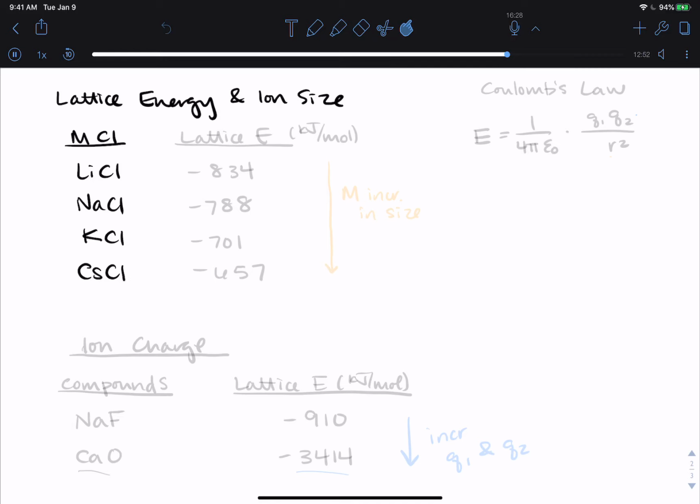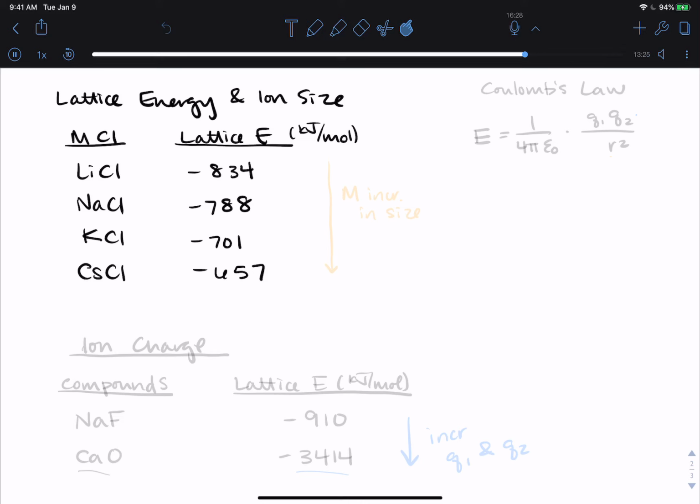So hopefully you have access to a periodic table. You can see we're just going down a column here. The lattice energy in kilojoules per mole is negative 834 for lithium, negative 788 for sodium, negative 701, and then negative 657.